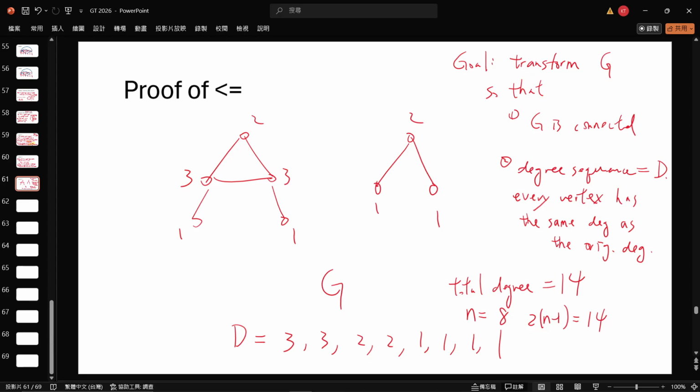So how to transform it? Well, naturally, because there are 2 components, to make it a connected graph, we have to create some bridge between these 2 components. In other words, we have to add some edges between these 2 components.